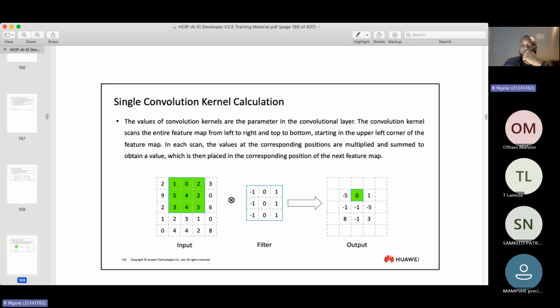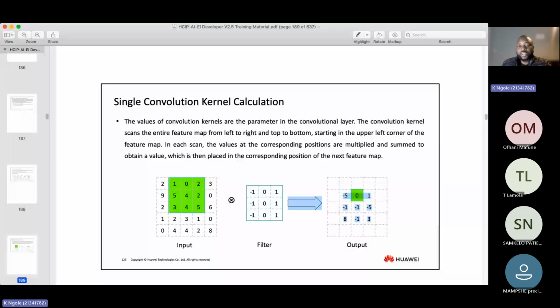So this is how it's going to work. We have this 5x5 that will be converted into a 3x3 by applying a 3x3 kernel.